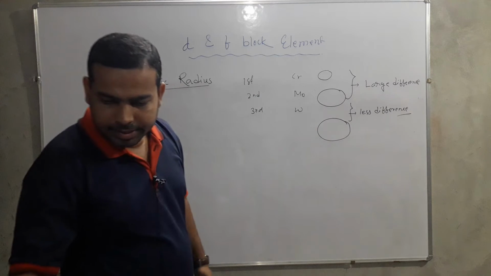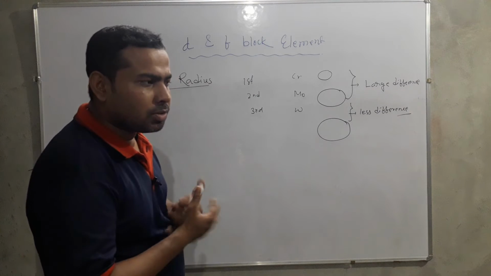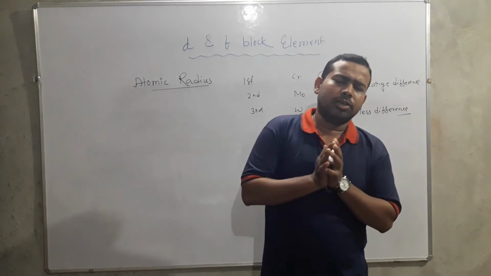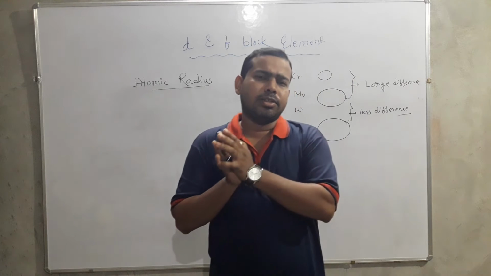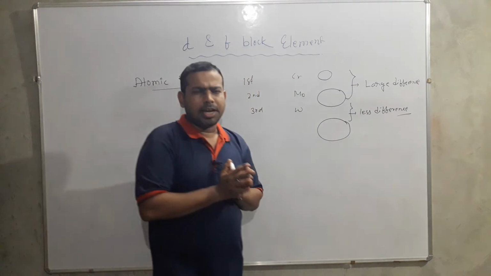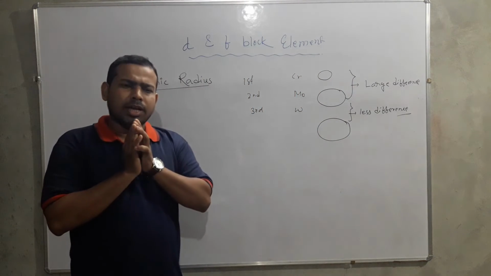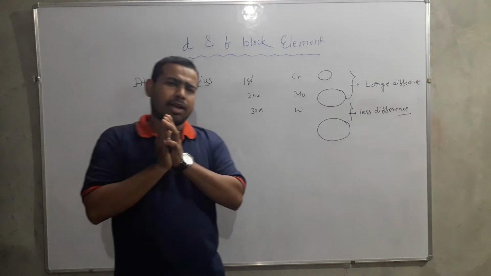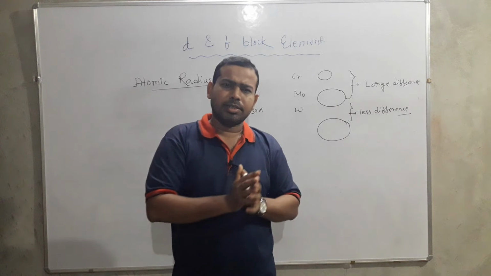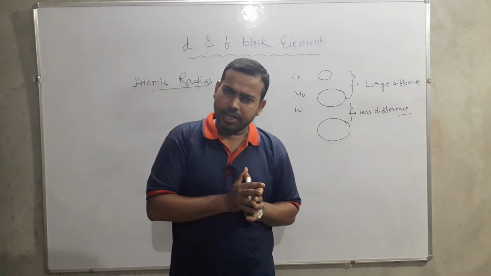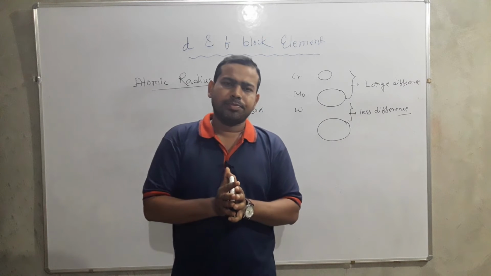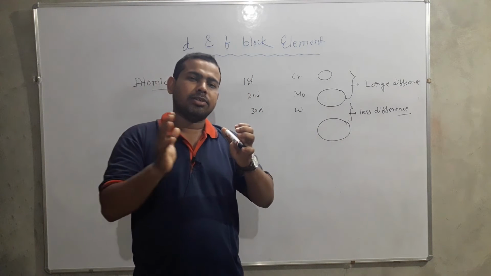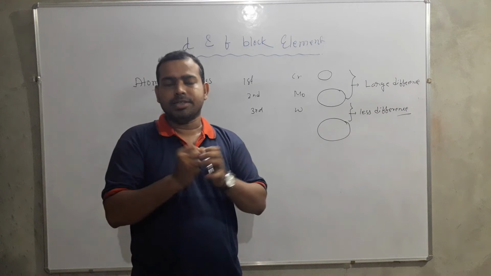Clear? Why due to the f electron? The f orbital shows lanthanoid and actinoid contraction. Because the f orbital is an inner orbital, the interaction force between the nucleus and orbitals increases. Clear?